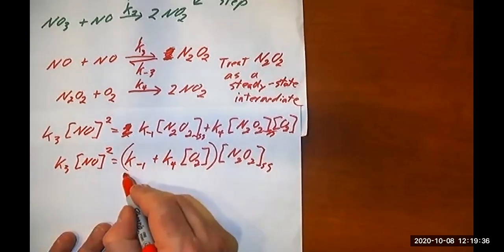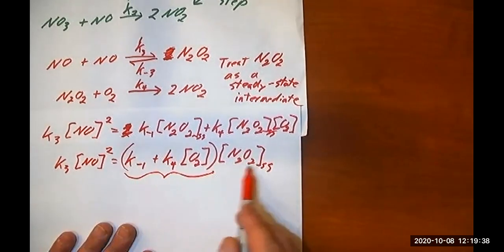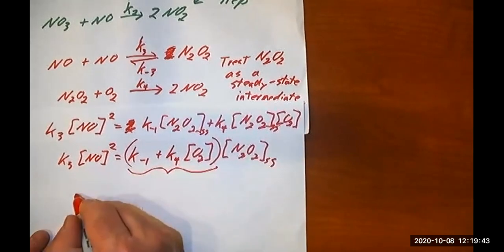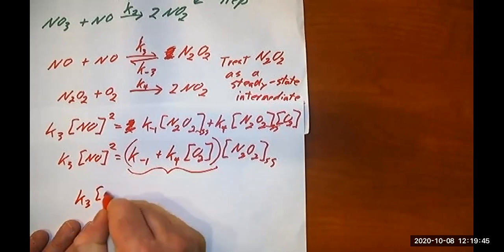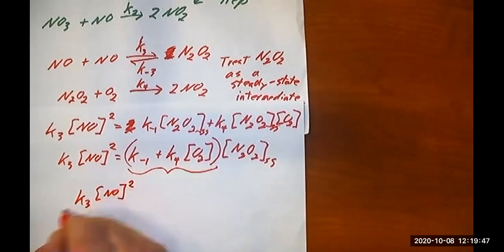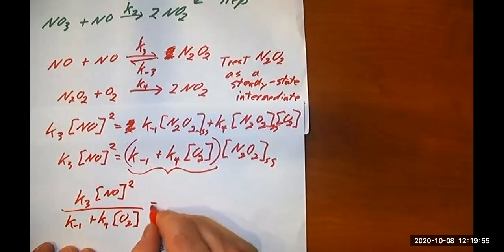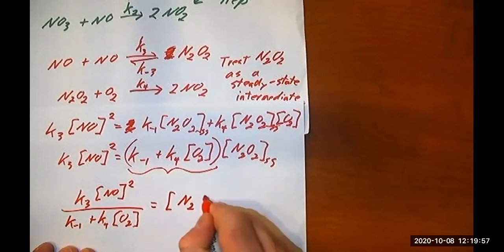We can now divide through by this to get the N2O2 steady state by itself on the other side. So k3 NO squared over k minus 1 plus k4 O2 equals concentration N2O2 steady state.